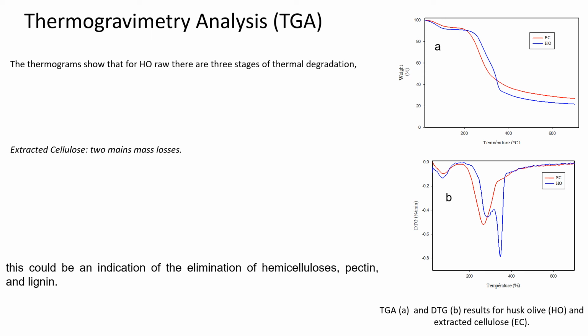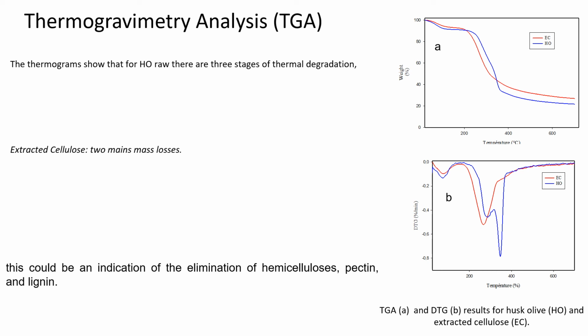The second phase of thermal degradation arises around 285 degrees C due to the degradation of hemicellulose and cellulose. The third one, due to the degradation of lignin, is about 343 degrees C.